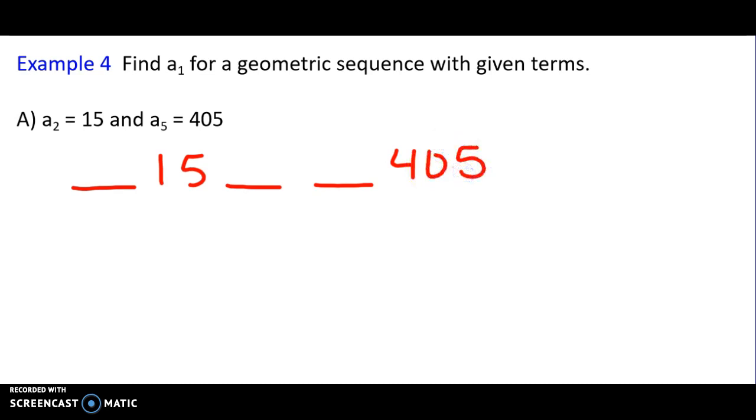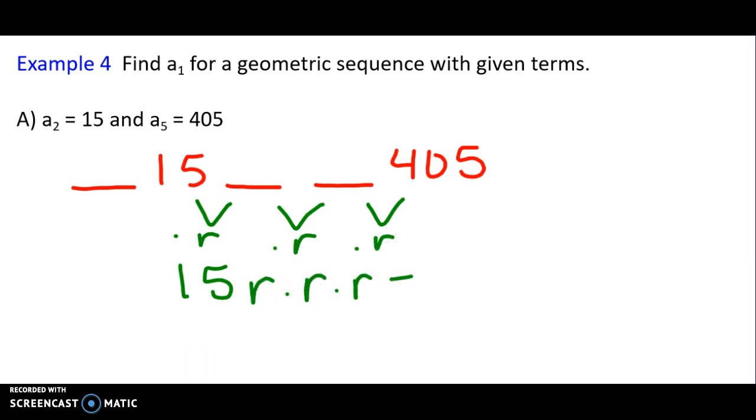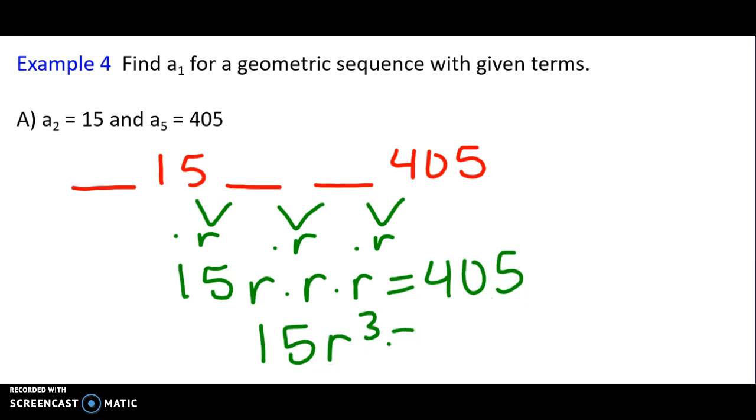So similar to what we did in section 9.2, we know that we start with 15, and we have to multiply times R, times R, times R, 3 times to get to 405. So we could simplify this to 15R cubed equals 405.